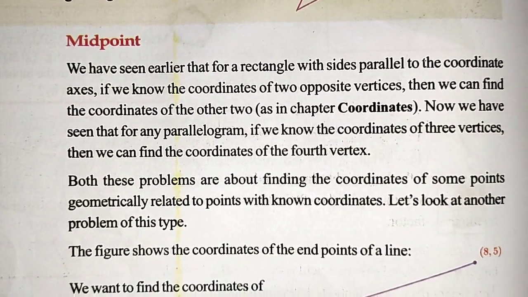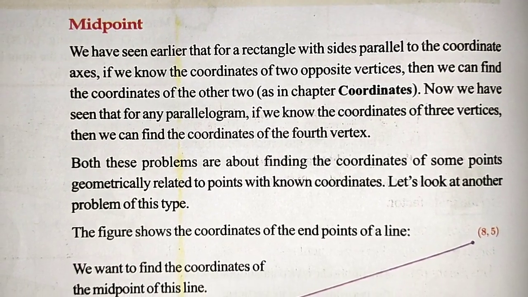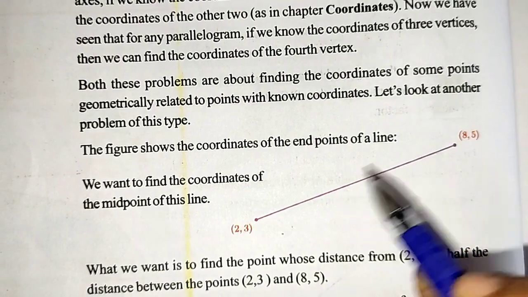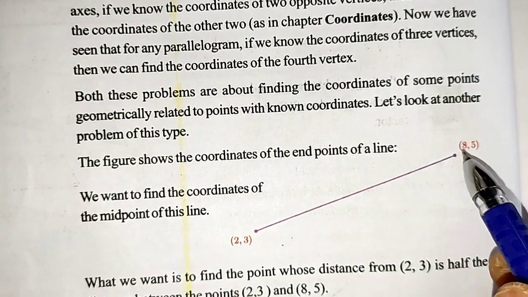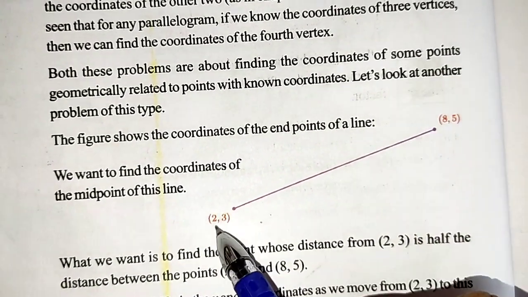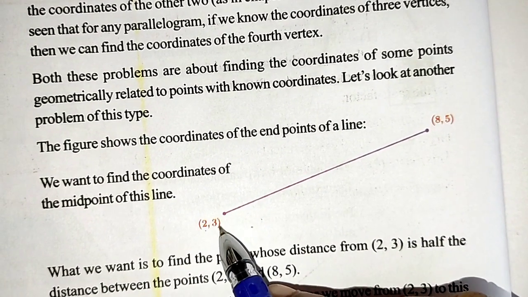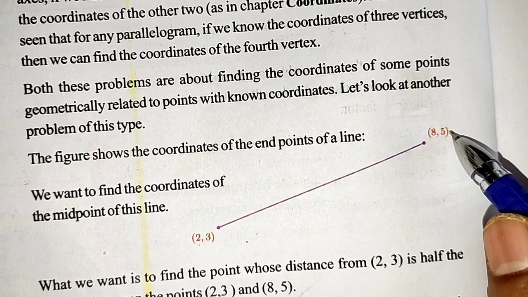Children, our next topic is midpoint of a line. Here we can see a line. What are the coordinates of the endpoints of this line? Yes, the endpoints of the line are one is 2, 3 and the other is 8, 5.